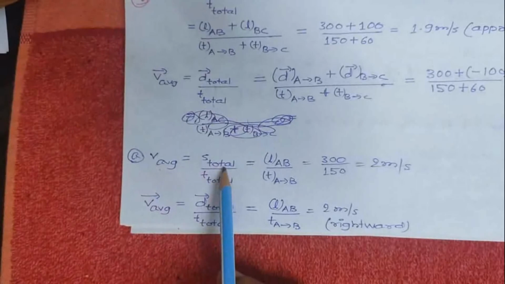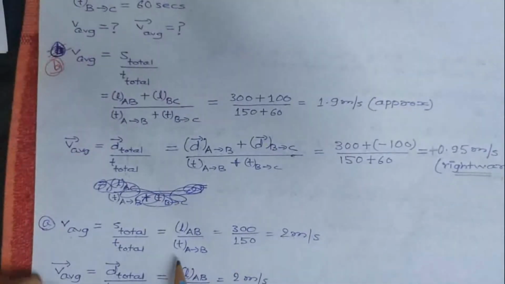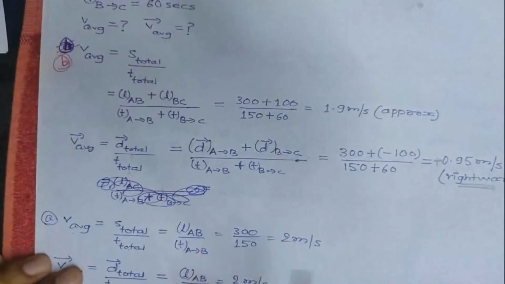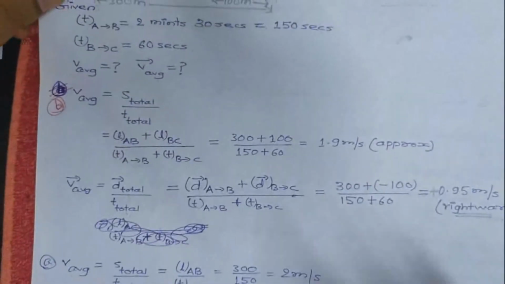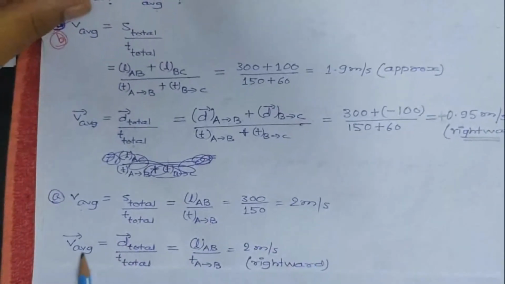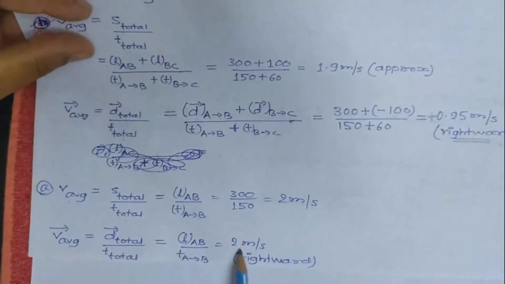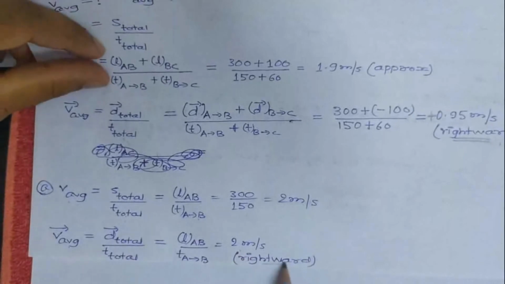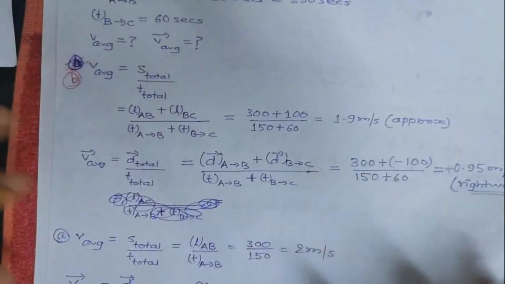Total distance covered is the length of AB, which we know is 300, so it will come out to be 2 meter per second. Average velocity will also come out to be 2 meter per second, and it is rightward. So these two problems are very simple.